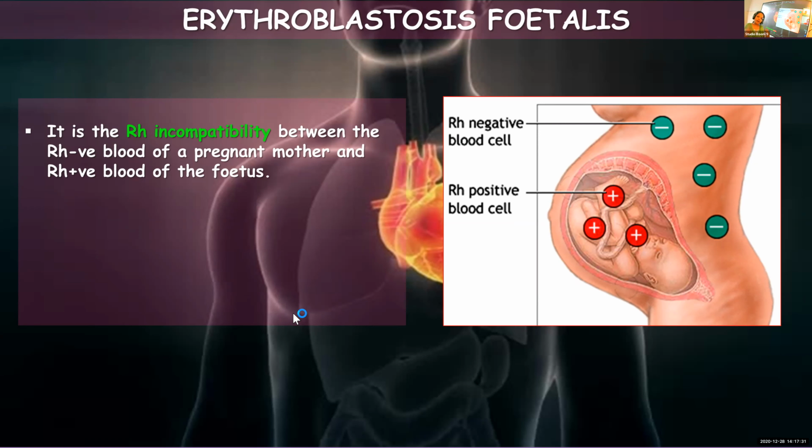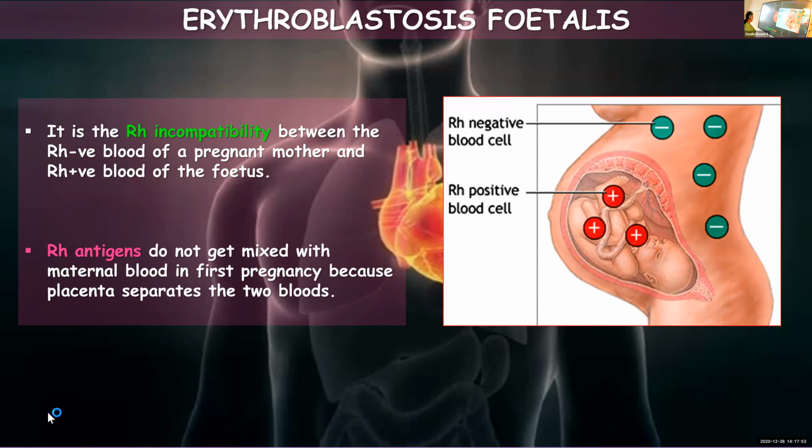So antibodies are already there in her body, and in the next pregnancy, if the baby is Rh positive again, these antibodies against the Rh factor can cross the placental barrier and reach the blood of the fetus, and can cause serious complications.